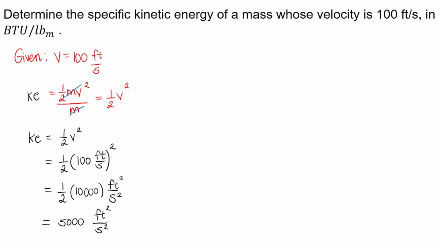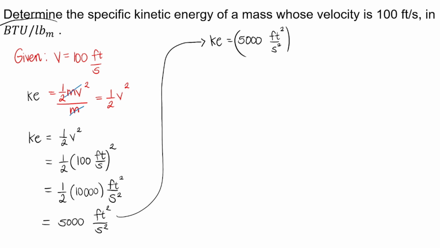But, mind you, sa problem, tinatanong sa atin is the specific kinetic energy, dapat ang unit daw is BTU per pound mass. So, how will we do that? Diretso natin dito. So, our kinetic energy is 5,000 feet squared per second squared. To convert that to BTU per pound mass, pwede muna tayong dumaan sa foot-pound force.